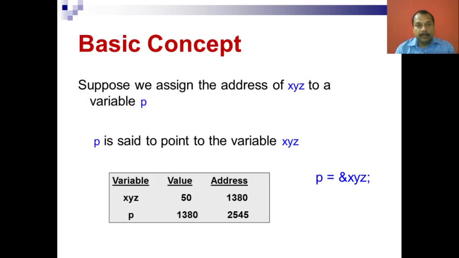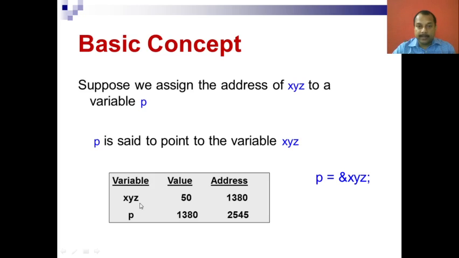Okay. Now this is the internal arrangement in the system, and I am not interested in the value of this address as of now. But how to assign it: I declare one variable p, which is a variable to store the address of xyz.